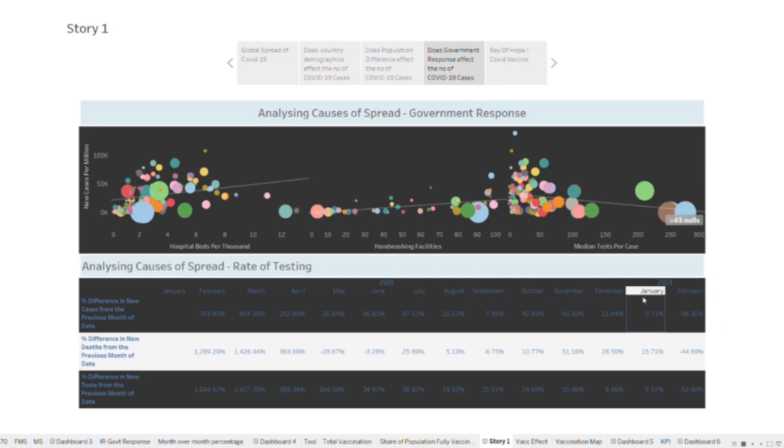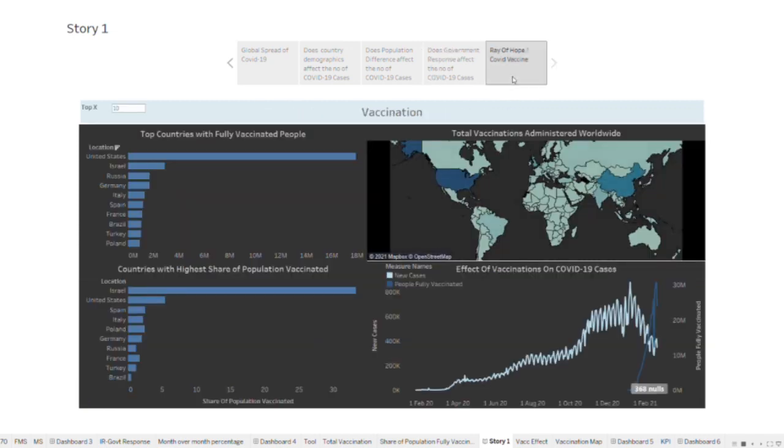And finally, in 2021, we were fortunate enough to start vaccinating against COVID-19, and the last dashboard gives us a picture about the current status of vaccinations across different parts of the world. So the bar chart shows the trend of countries who were able to successfully vaccinate both doses of COVID-19 vaccine, and here also US tops the chart with 17 million people fully vaccinated as of today.